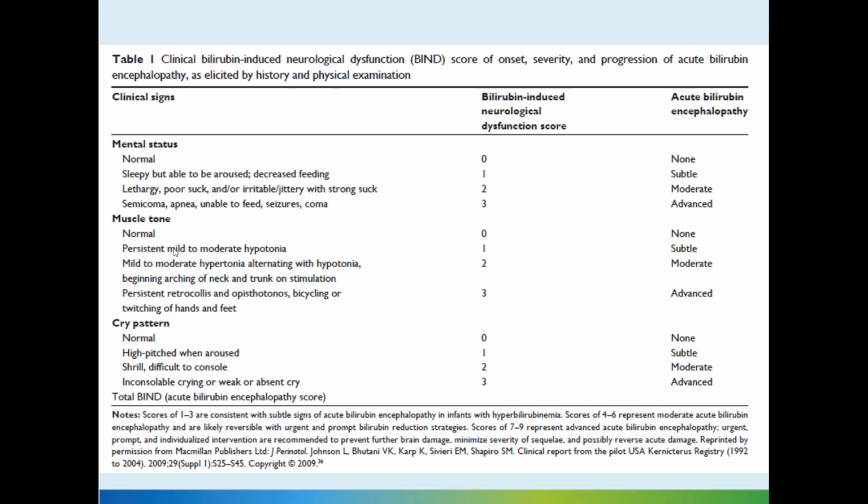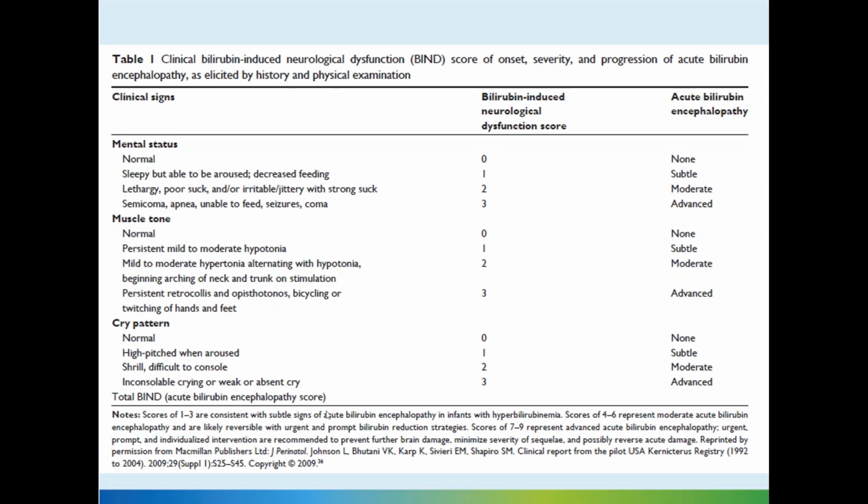Similarly, for muscle tone: normal tone; persistent or mild hypotonia; mild to moderate hypotonia and hypertonia alternating, and arching of the neck and opisthotonus may start; and persistent retrocollis and opisthotonus. And in cry pattern, we have the normal cry, high-pitched cry when aroused, a shrill and difficult to console type of crying, and then inconsolable crying or weak and absent cry, becoming comatose.